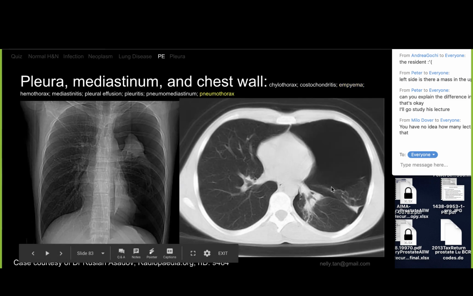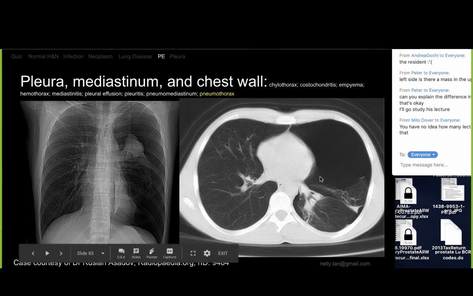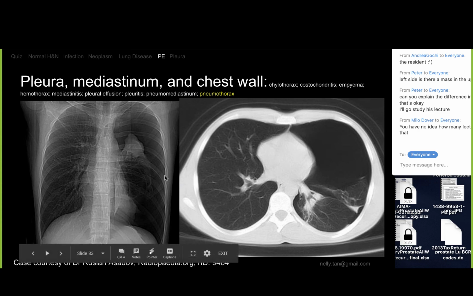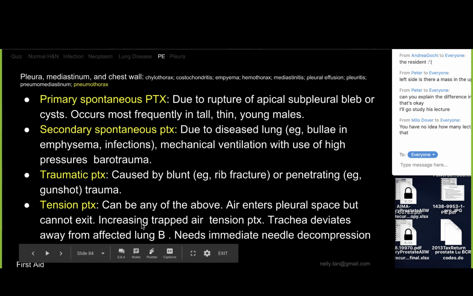More pleural disease. We're just touching on this. We're not going through every single pleural disease, because the lecture's already pretty long. So here we see a pneumothorax, and in the scout, the lung is collapsed, and we see lucency. There are four different types of pneumothorax.